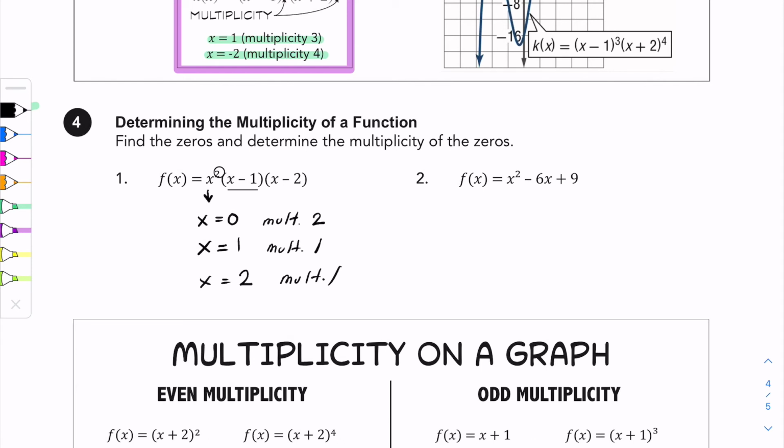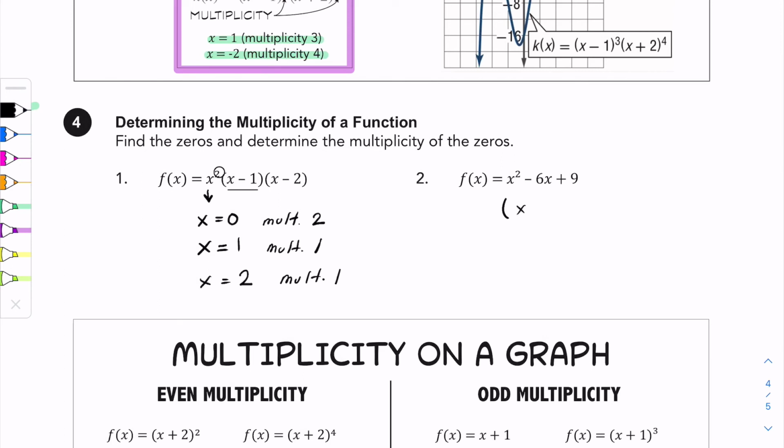Number 2 is in standard form, so in order to find the zeros, I would have to factor this. I have x squared minus 6x plus 9. Think to yourself, what two factors multiply to equal positive 9 and add to equal negative 6? And that would be negative 3 and negative 3.